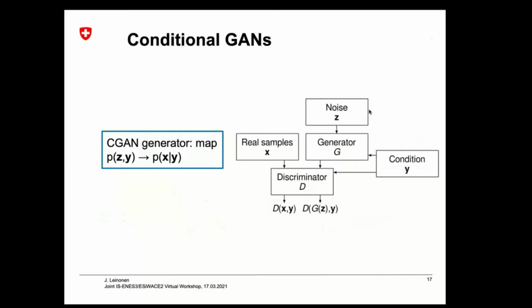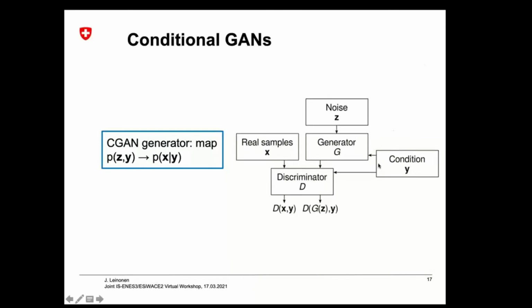And then a straightforward extension of the generative adversarial network is this conditional GAN, which includes one more thing in the network framework.